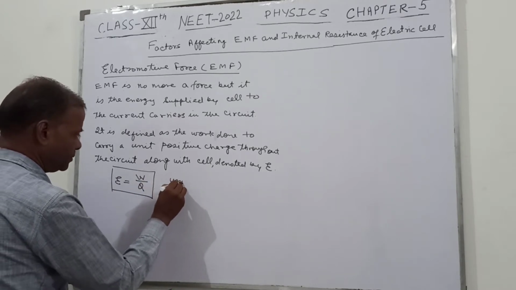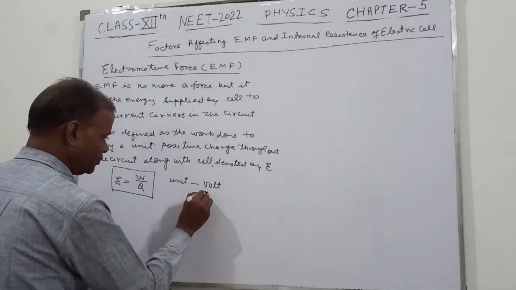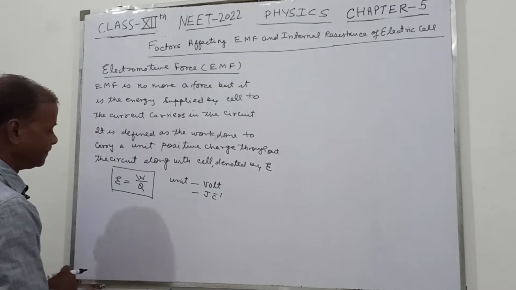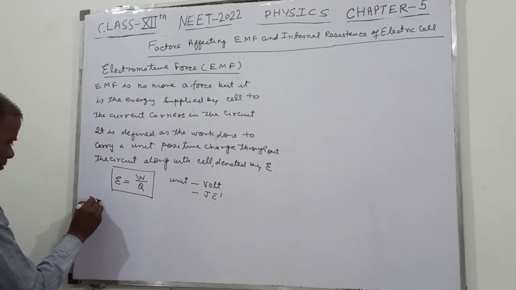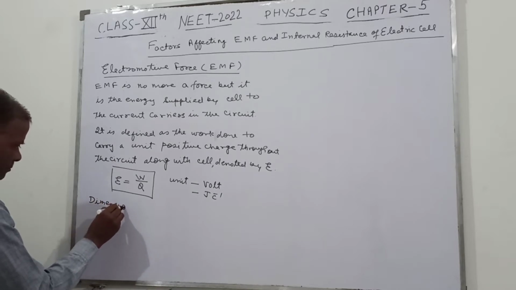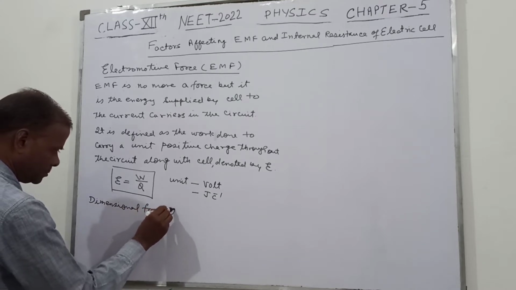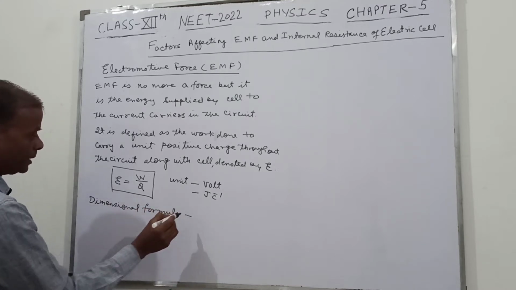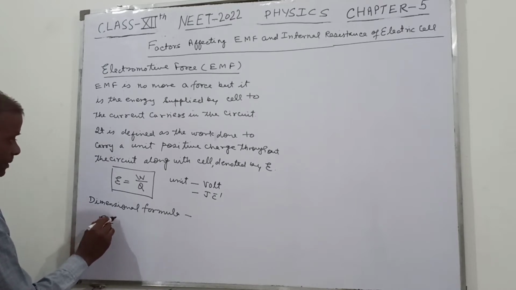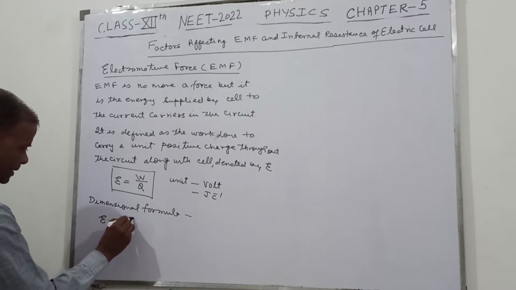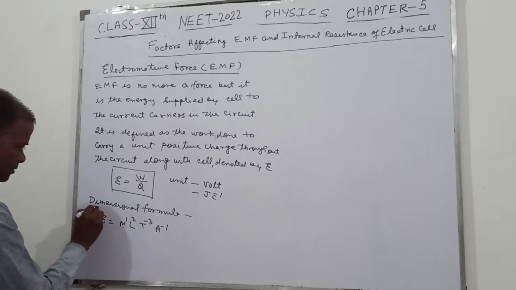From here you can see that the unit of this one is volt, or joule per coulomb, and you can find the dimensional formula. The dimensional formula is E equal to M1 L2 T minus 3 A minus 1.